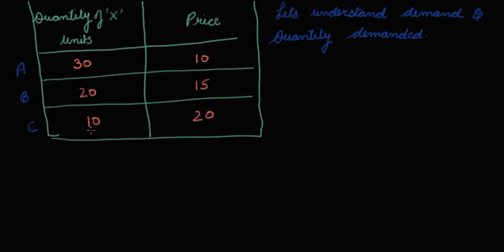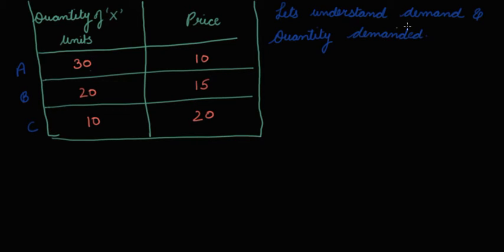Now, if the price of the samosa increased from 5 to 10, you can buy only 2 with the purchasing power you have. So with the increase in the price of samosa, the quantity you can purchase reduces. This table shows the price and the quantity that you can buy, and at the price of 20, only 10 quantities you can buy.